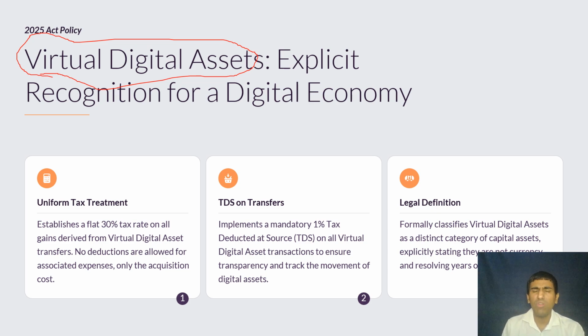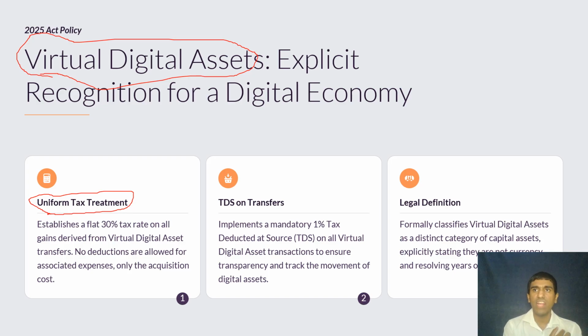The old act was somewhat vague on this, largely because it was enacted in 61 when digital currency wasn't even a thing yet. But of course in the modern age digital currency is used a lot. So the new act has recognized virtual digital assets as a separate asset and has even imposed a uniform tax treatment on this. Essentially, what's the tax treatment?